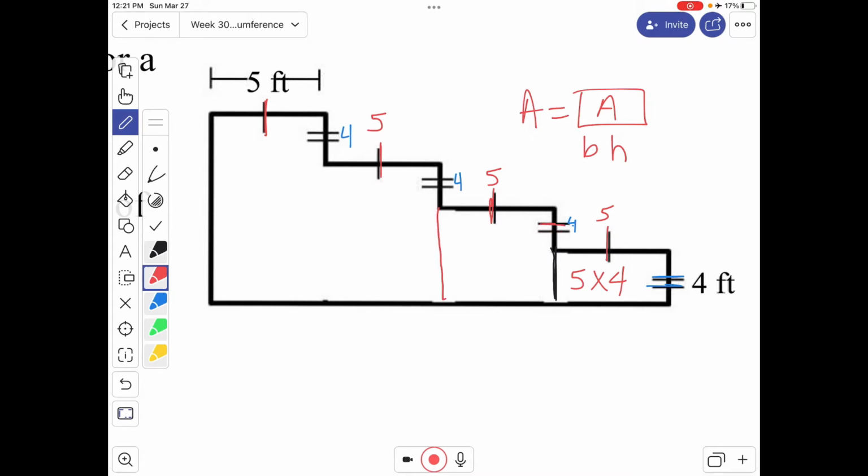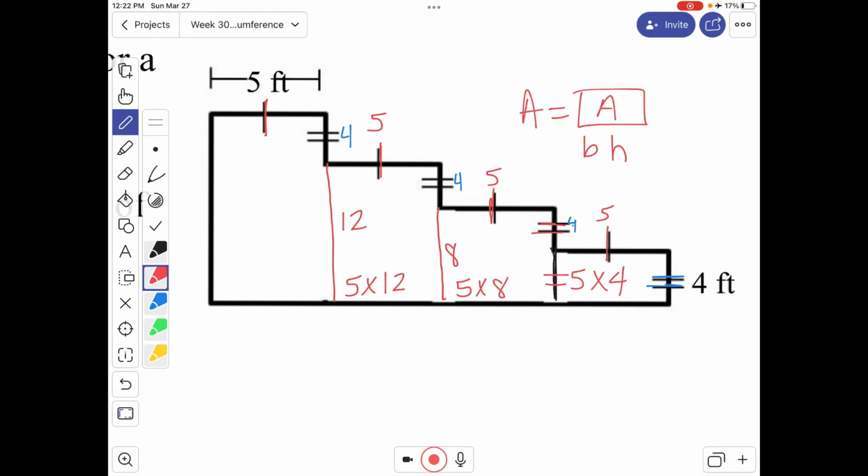So it's 4 feet here and 4 feet here. That makes the height 8. So this one is 5 times 8. And the next step is going to be 4 more feet taller. So he's not 8 feet tall, but 12 feet tall. So this rectangle would be 5 times 12.